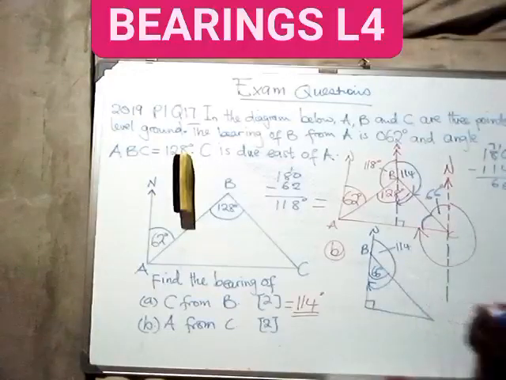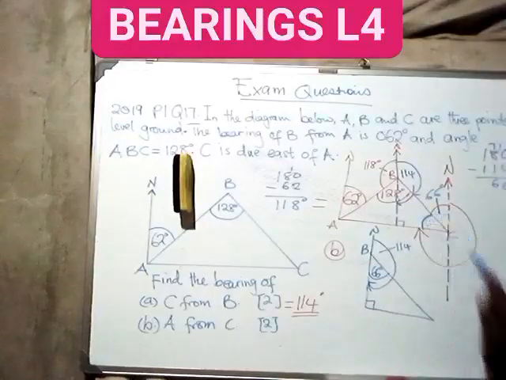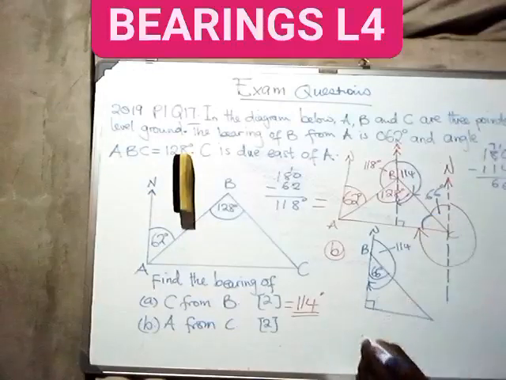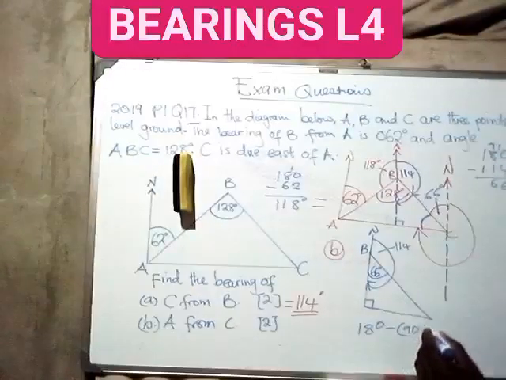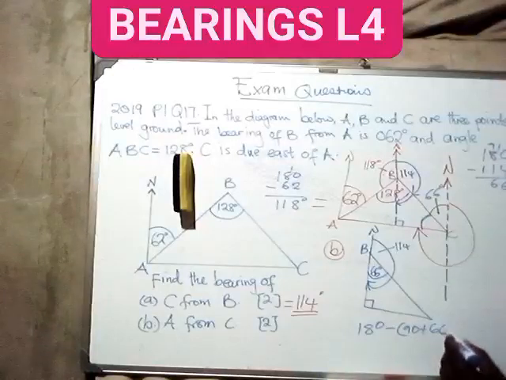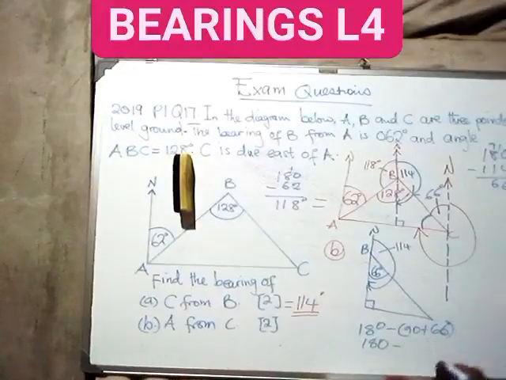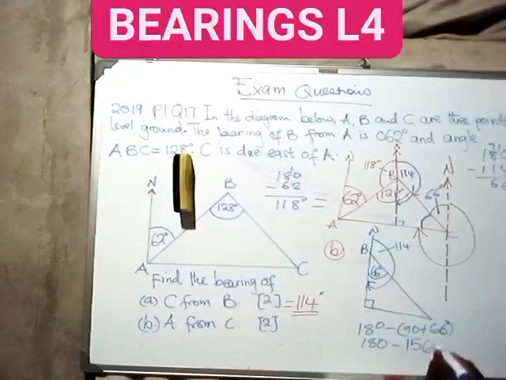This angle here is 66 degrees. Now, if this is 66, this other angle can be found by saying 180 minus (90 plus 66). 90 plus 66 is 156.